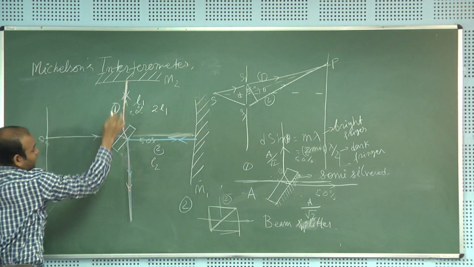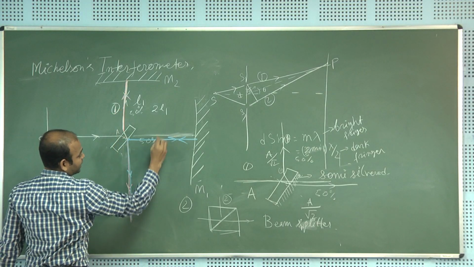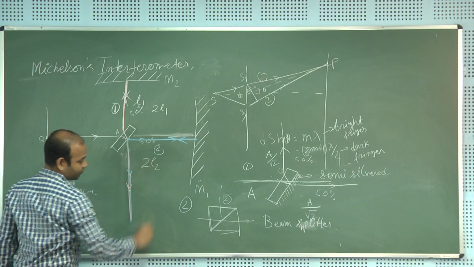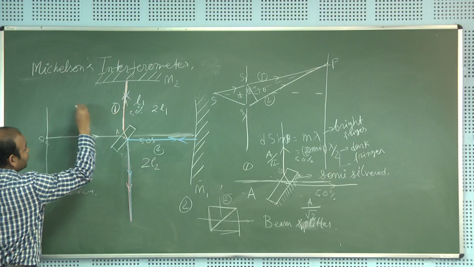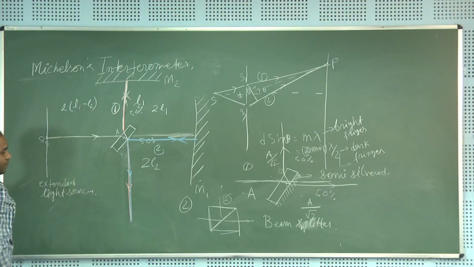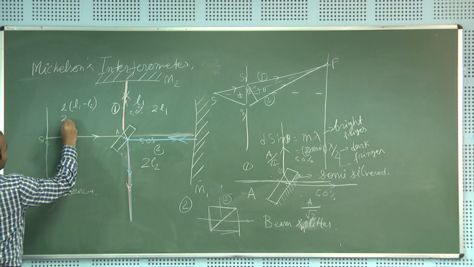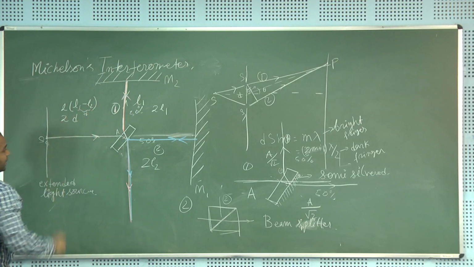So the total path traveled by the light, and for this path it would be twice L2. That means the path difference between these two would be twice L1 minus L2, or we can think about twice D if we make L1 minus L2 equal to D.